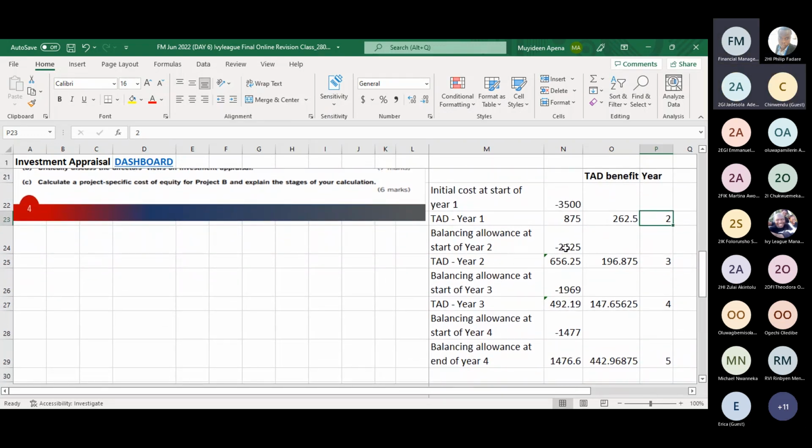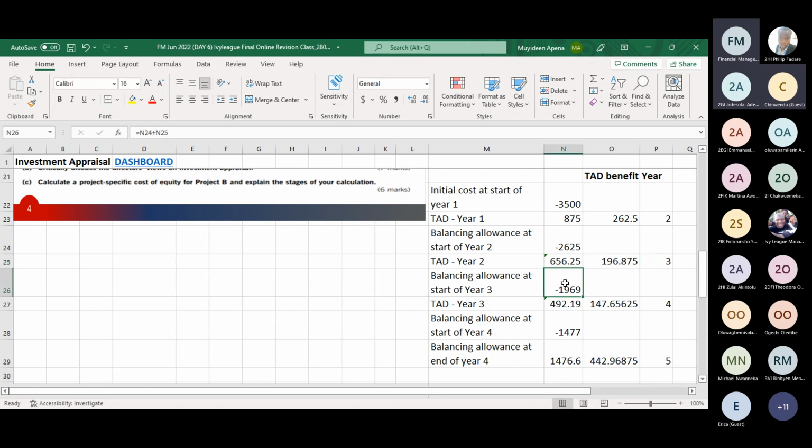So we did a net of this position, which will be the carrying balance at the start of year 2. Then for the whole of year 2, there will be a TAD, so we apply 25% to that, and then we claim 30% of that TAD, which is also claimable in year 3.